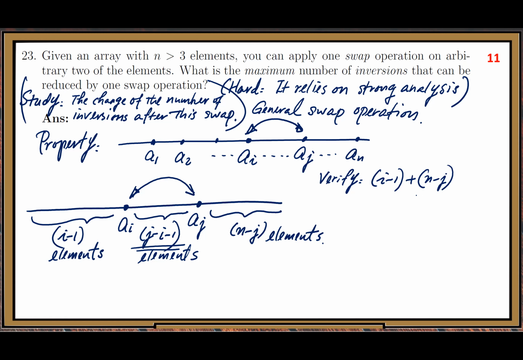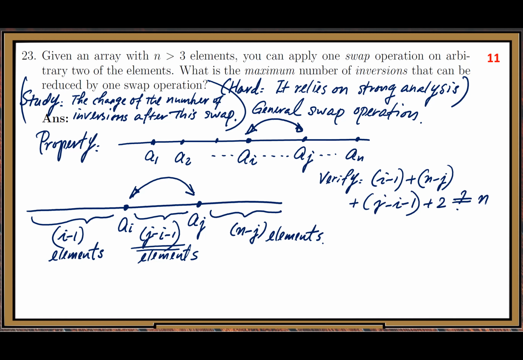The middle segment we are not quite sure about, so let's verify: these elements plus 2 should be n, the total number of elements.